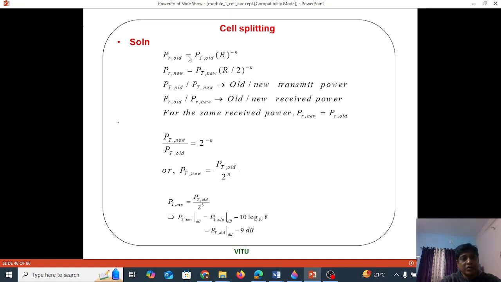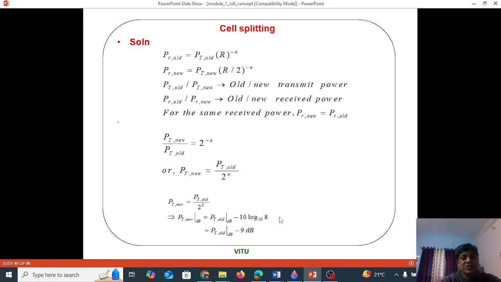Since the new receive power and old receive power are the same, comparing these two I get PT new by PT old equal to 2 to the power n. If you take the ratio, you will get it. It's simple mathematics. So PT new is equal to PT old divided by 2 to the power n. In dB, PT new in dB is PT old in dB minus 10 log 2 to the power n. Since n is equal to 3, it will be 10 log 8, which is approximately 9 dB.